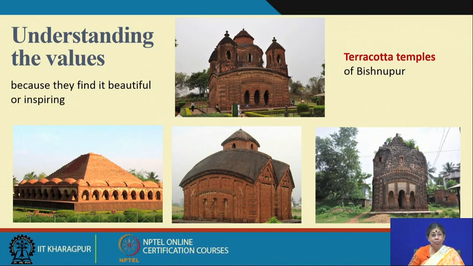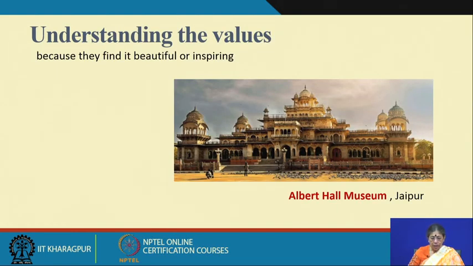So, I think there is some difference between what is beautiful and what is inspiring, but together, beautiful and inspiring are values for which structures can be very significant. We talked about the Albert Hall Museum, in Jaipur, Rajasthan, which is a combination of the classical style of architecture.